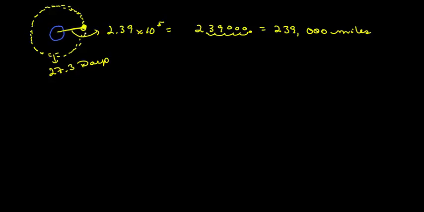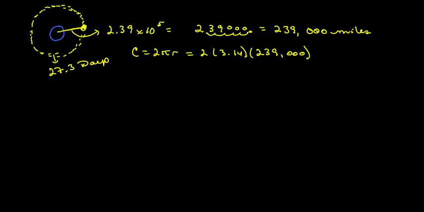So I want to know how far around. So I've got a circumference equal to 2 pi r. So 2 times 3.14 times the radius value of 239,000. So go ahead and grab your calculator and we'll do that multiplication out.